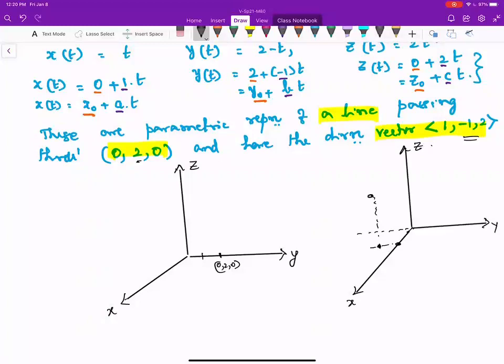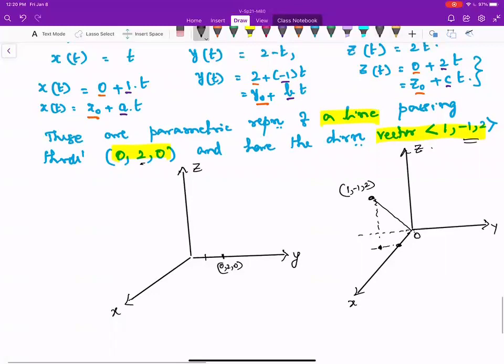So your point 1, negative 1, 2 is right here. If you consider that as a direction vector, and this O, if I call it Q, OQ is the position vector, which has components 1, negative 1, 2.